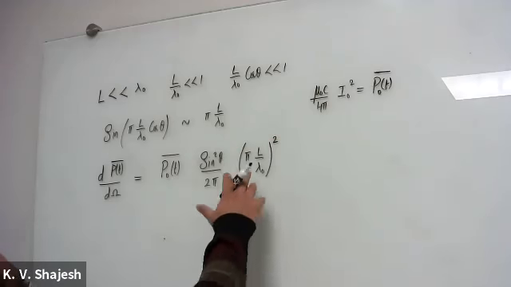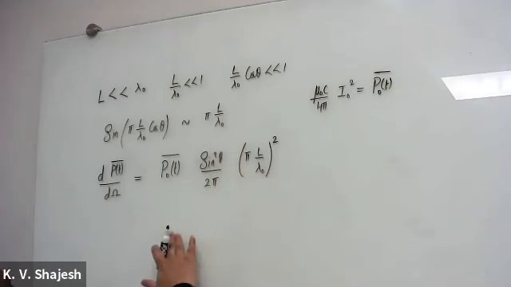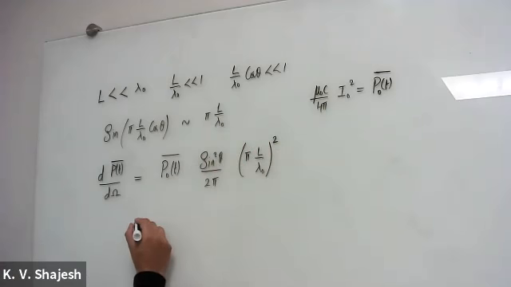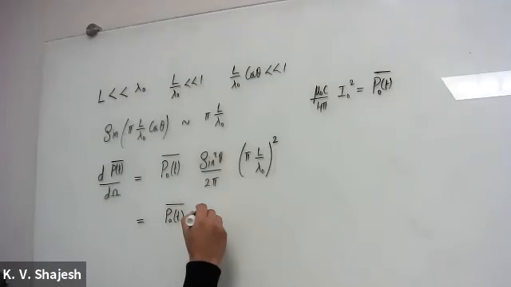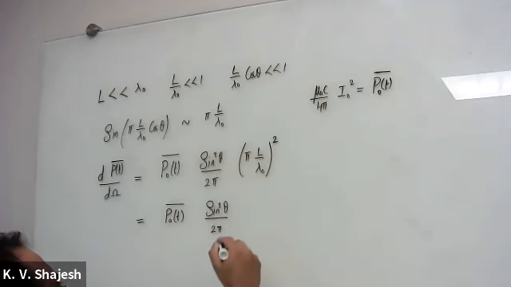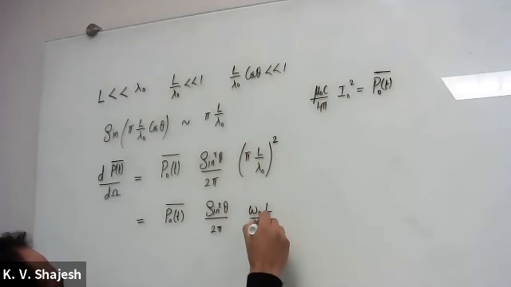If I were to write it in terms of frequency, which is sometimes more common in another context, you would write this as P times sine square theta over 2 pi, put in a 2 pi and a 2, so that you have omega naught times L over 2, square.